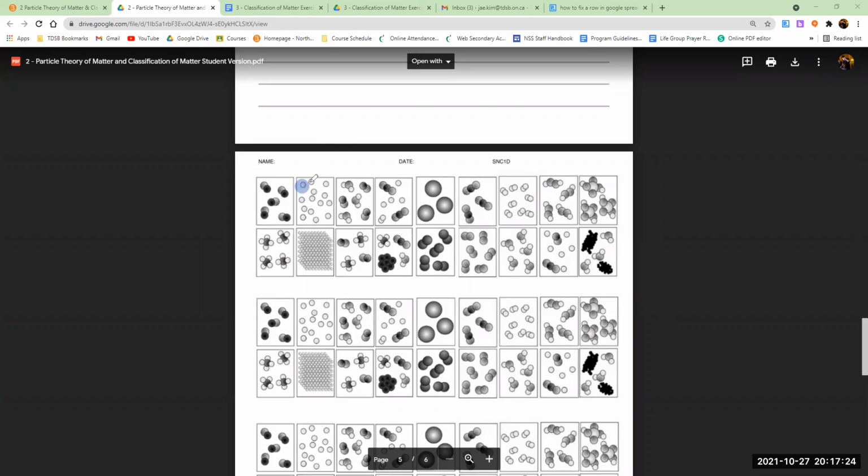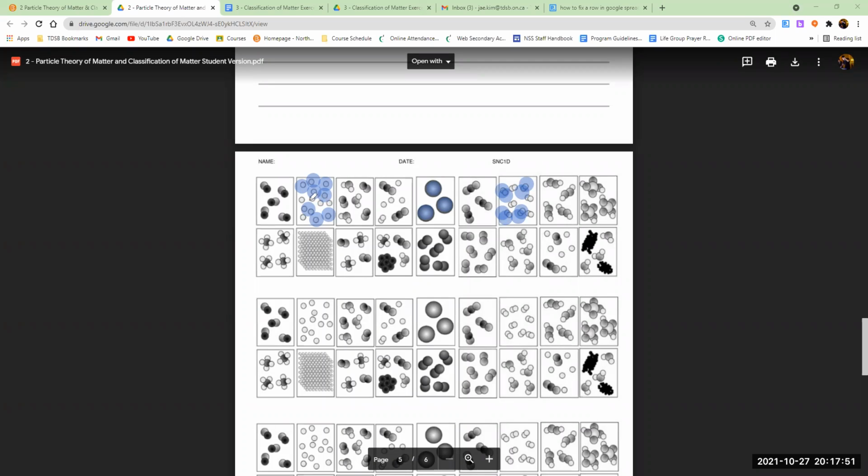Every one of these spheres is identical to each other. Even if they are bundled together, in what we would call a diatomic, like mono, di, tri, every single one of these atoms is exactly the same. That's what we call an element.